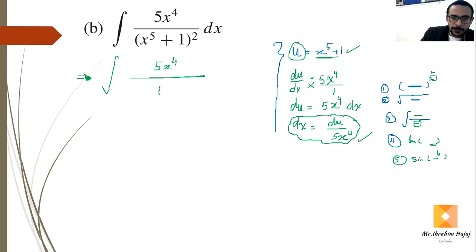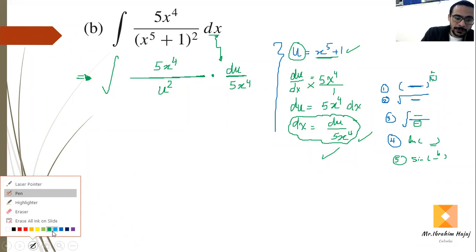It's u, so inside the parentheses is u to the power of 2. Also replace the dx, which we got through differentiation: it's du over 5x to the power of 4.